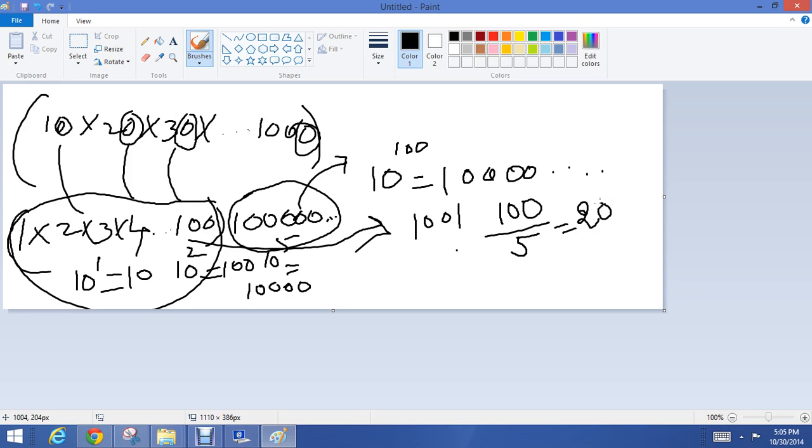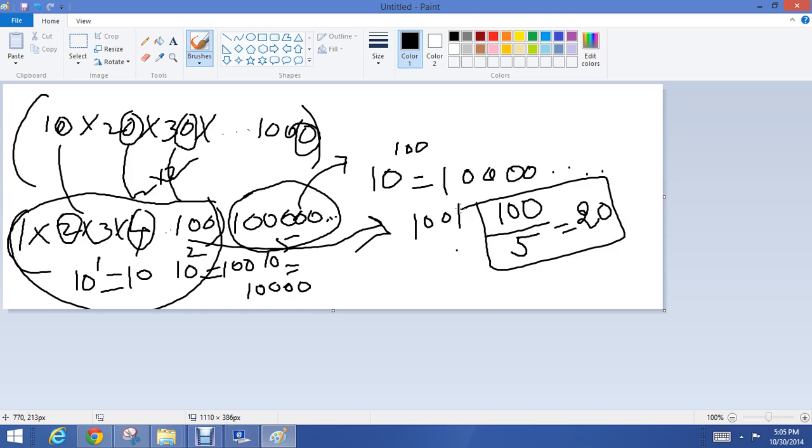As you can see from this expression, there are plenty of 2's. 4 equal to 2 into 2. So there is no need to find out the number of 2's. Instead, we can just find out the number of 5's, because for every 5 that we find, there is going to be a 2. There are more 2's here than 5's. So here there are 20 5's.